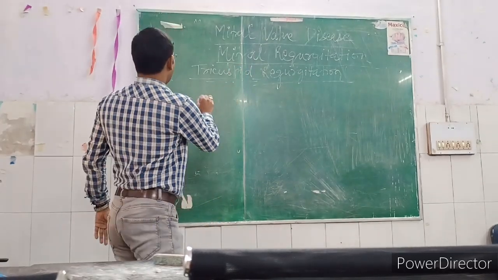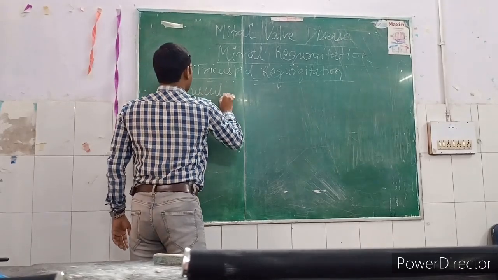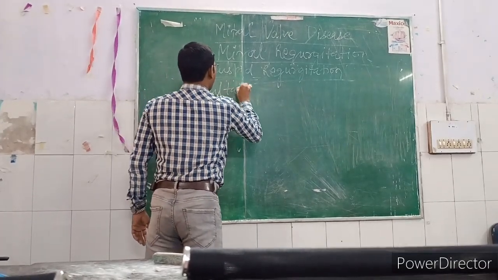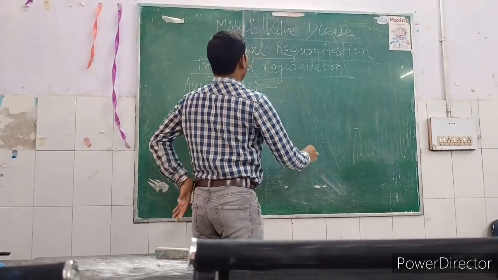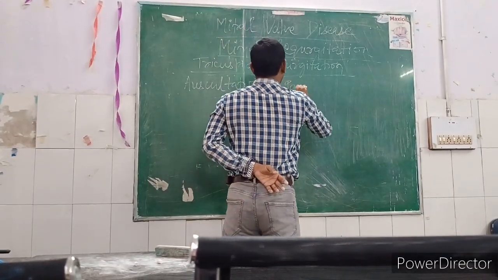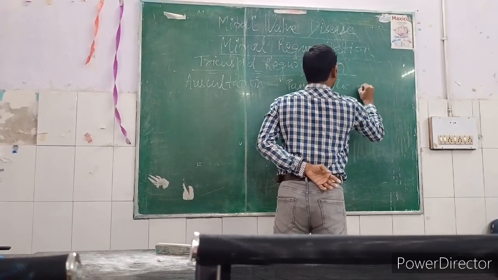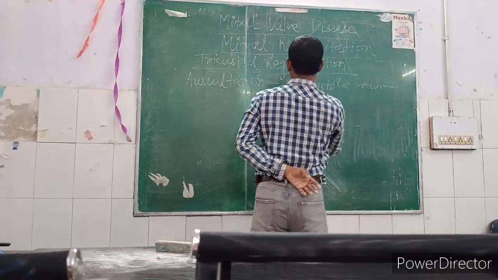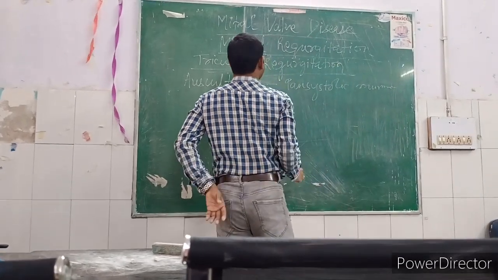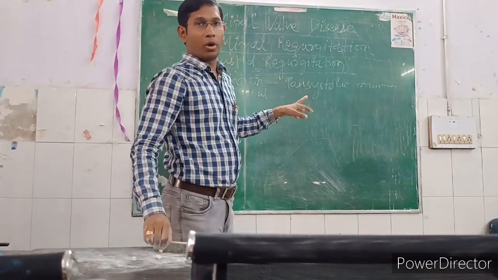But its clinical diagnosis is again auscultation. In auscultation we find a pansystolic murmur at the left lower sternal border.